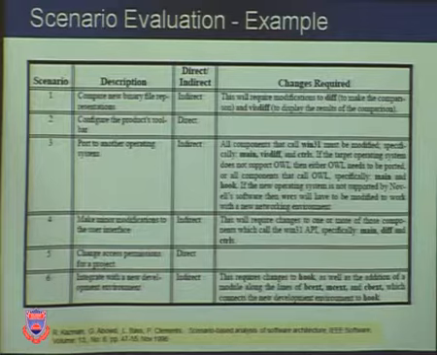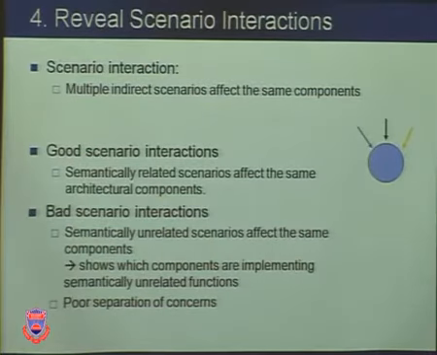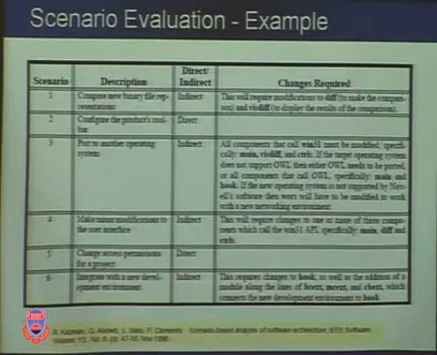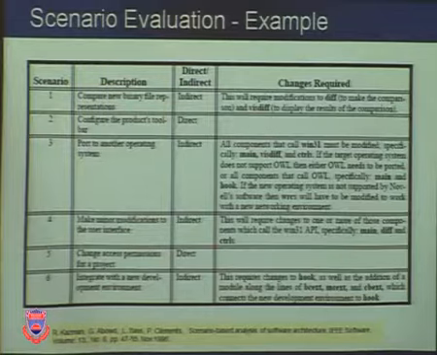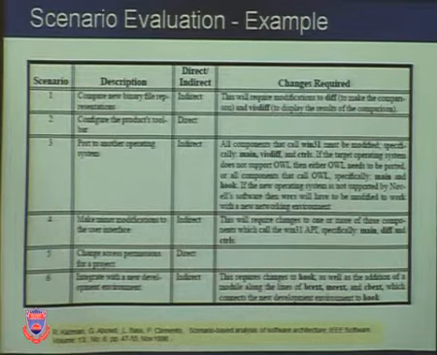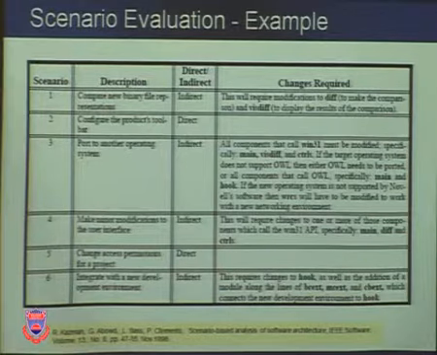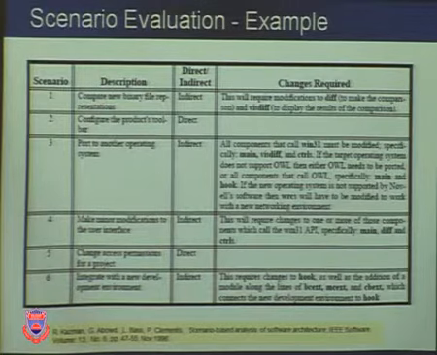It's clear? Okay. So we already here have some characterization of the architecture. Okay, we already know about how many scenarios are direct or indirect. This provides already some hint about the stability of the architecture.